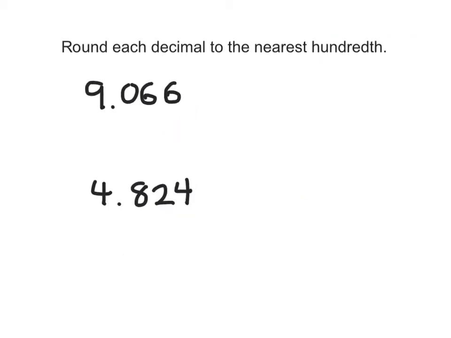Round each decimal to the nearest hundredth. All right, so I'll do the first one, and then I'll have you pause and do the second one. So the first one, the hundredths place, is this first 6 right here. Let's look to the right.